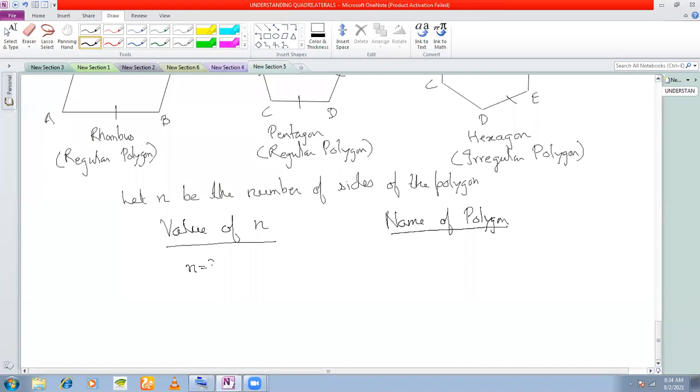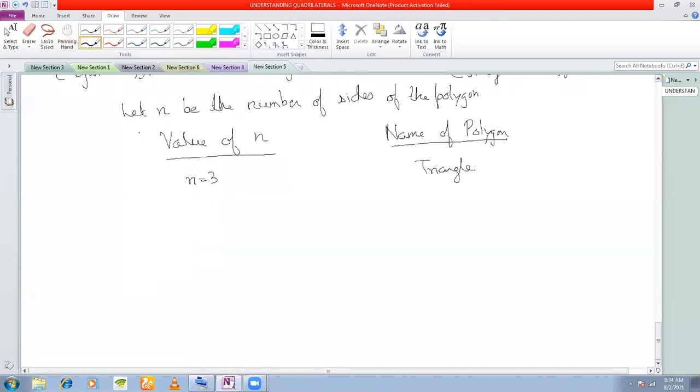When n is equal to 3, number of sides 3, we call it a triangle, right? When n equal to 4, 4 sides means we call the polygon a quadrilateral. N equal to 5, it is called a pentagon.